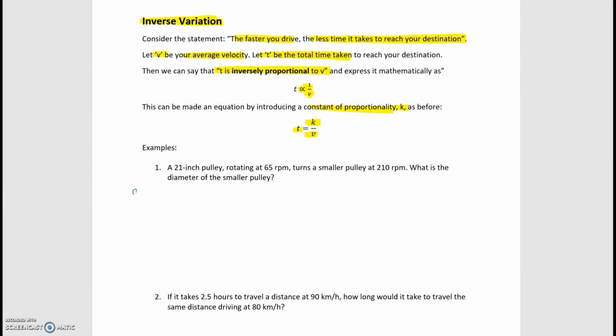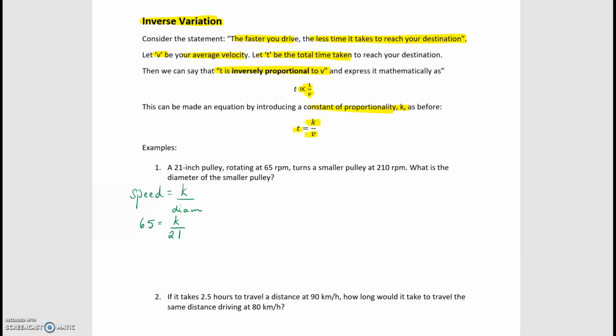In other words, speed is equal to k over diameter. So I want to solve for that k value, that constant of proportionality. So we have some information about the 21-inch pulley. At 65 RPM, you have the 21-inch diameter.